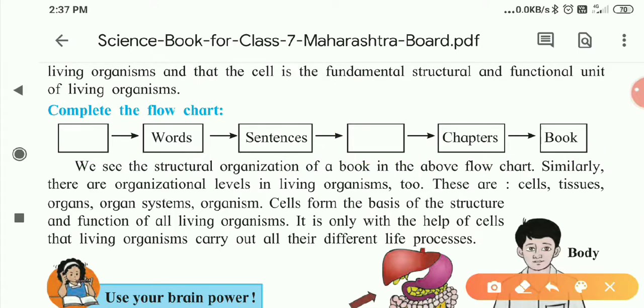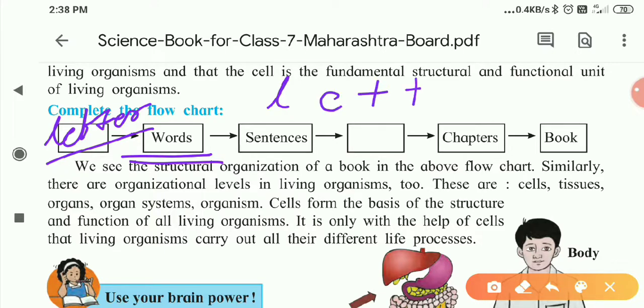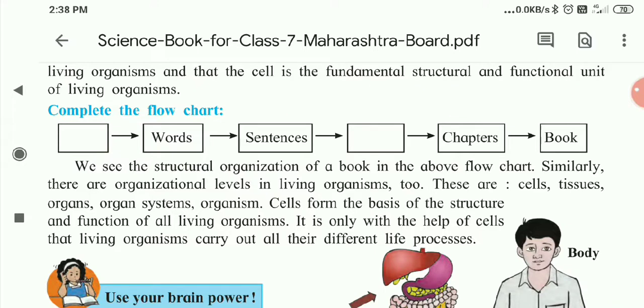When we start this flowchart, as you know, words are made up of letters. Take the example of the word letter. Letter is made up of L, E, double T, E, R. Or you can take your name or surname, or any word.